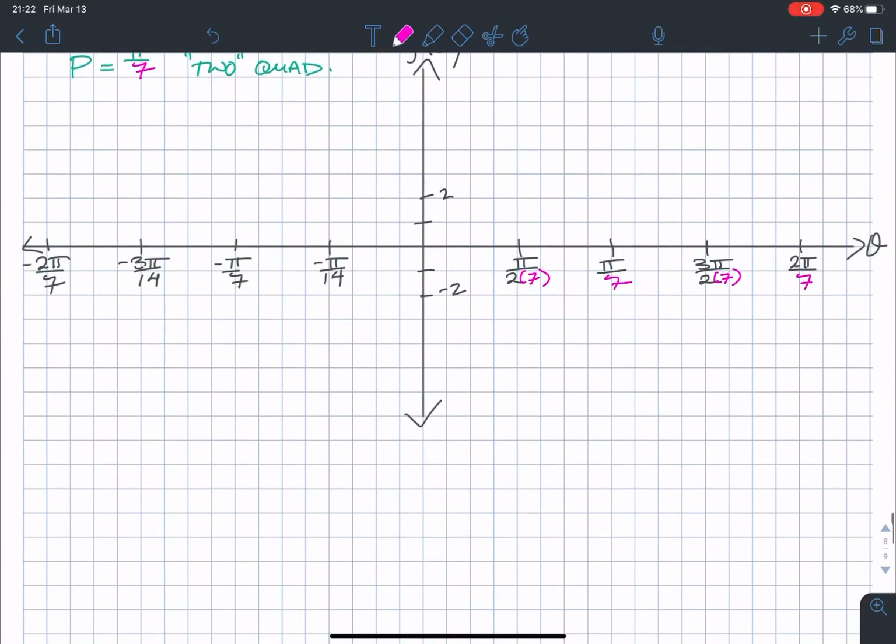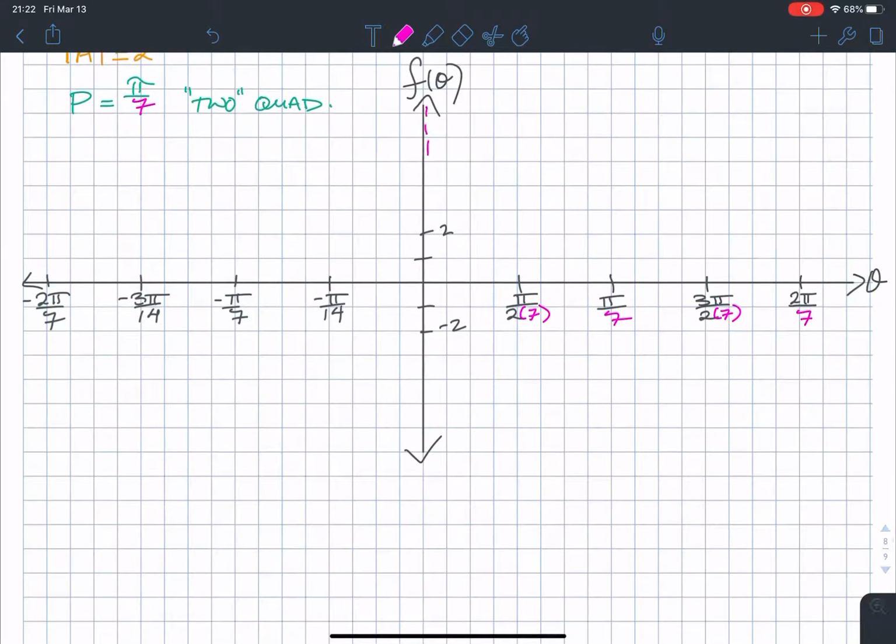So the asymptotes for cotangent, unlike tangent, do start on the y-axis and are every 2 quadrants. And I use quadrants in quotations because, of course, these have been augmented by the coefficient of theta.